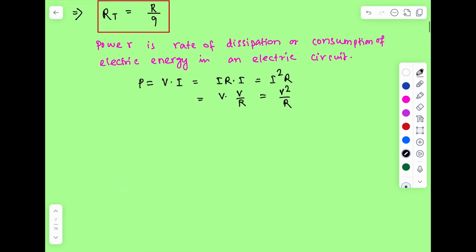And how would you say that power consumed in an electric circuit is 1 watt?